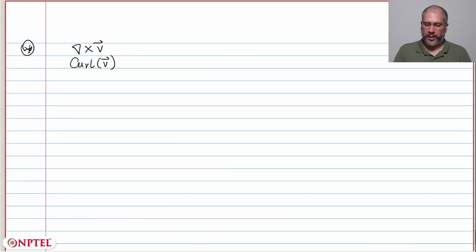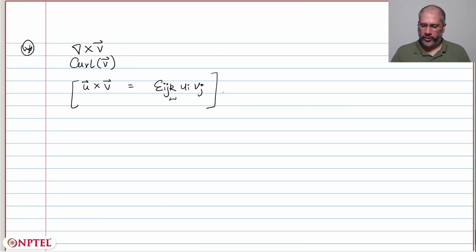To see the cross product, let's recall that the cross product between vectors u and v was written as epsilon ijk ui vj times ek. In the misuse of notation, we simply get rid of this ek, and this is how we write the vector resulting from u cross v. You can see that the index k is free, so it's a vector because it has one free index.